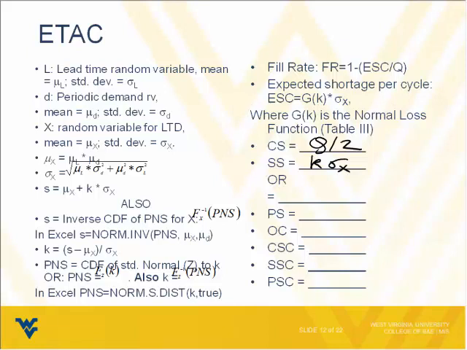K is, as I said, your standardized reorder point. So in Excel, you can calculate your S as the norm.inv of your PNS and your mu x and your sigma x. So your K is implying whatever your S value is. In other words, this is your standardized S value.